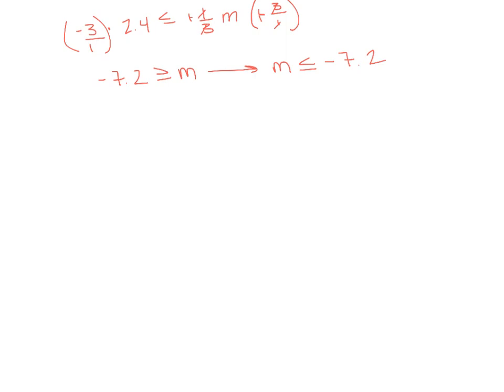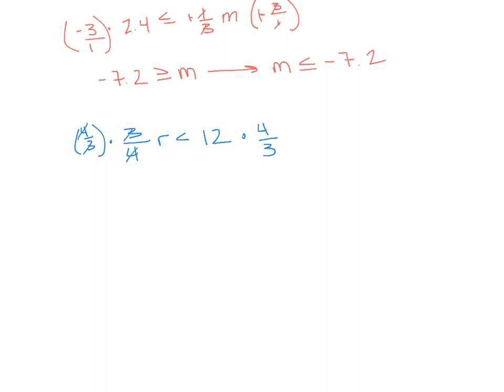3/4 r is less than 12. Okay, another fraction. To undo a fraction, we multiply by the reciprocal. So we're going to do times 4/3, and then we're going to do times 4/3 on the other side. These 4's cancel. These 3's cancel.